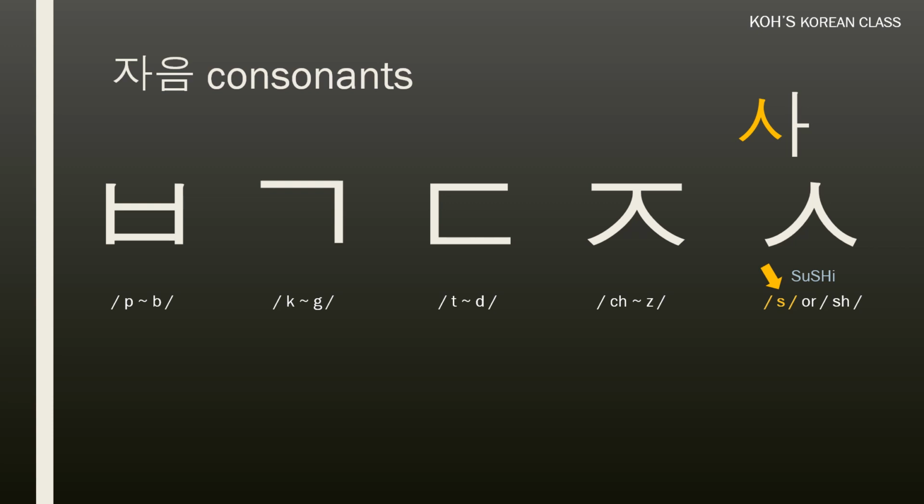But if it's before E or Y sounds like ya, yo, yo, you, yeah, then it becomes SH like she, she, she. So this is 사시, 사시. It's the base for S family. Oh, and 자 and 사 can be written in this shape, like 가.